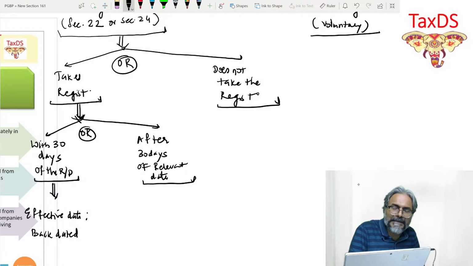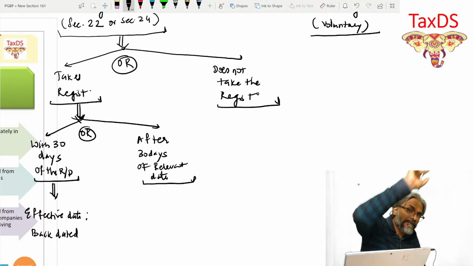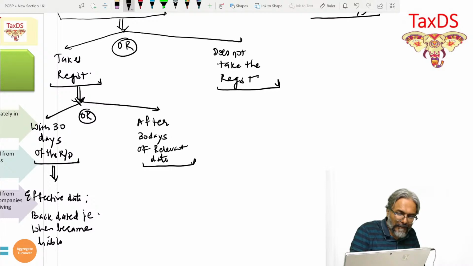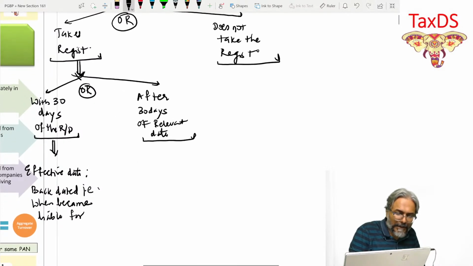Backdated means not the date when the registration was granted, but the date when he became liable for registration. That is when he became a taxable person, because that is the definition of taxable person, students.